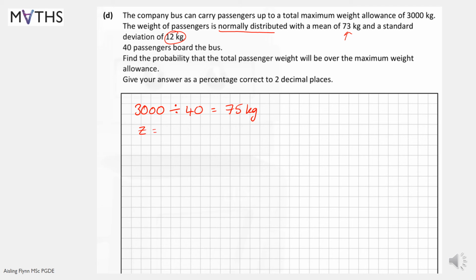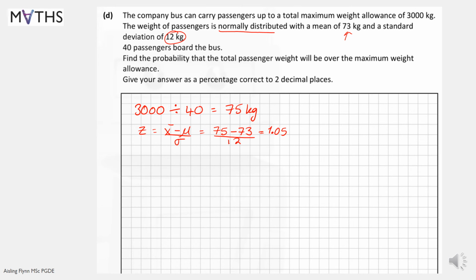Remember, Z scores are gotten by this. We have all the information we need for that. Let's take 75 as our passenger, 73 as the mean from the question, and 12 as our standard deviation. And we get a z-score of 1.05. The tables only go to 2 decimal places, so I can leave it there.